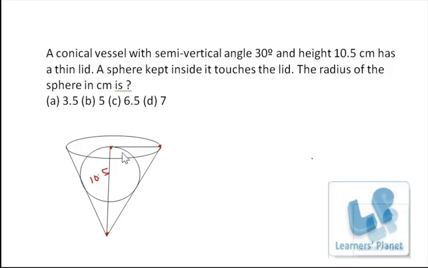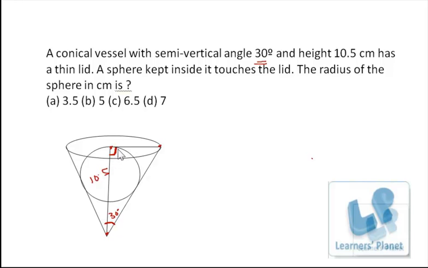One more thing, this semi-vertical angle, that is 30 degree, is given to us. So what is the semi-vertical angle? This angle. So this is actually 30 degree, right? Now you can see this right angle triangle. This is perpendicular because this is the radius and this is the height, so the angle between the two is a right angle.